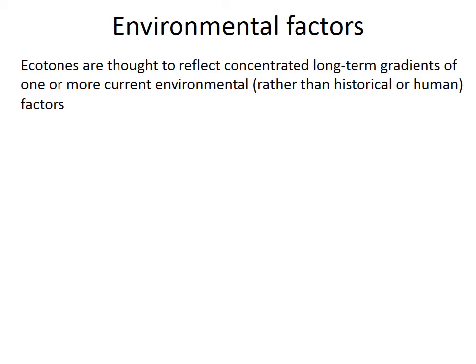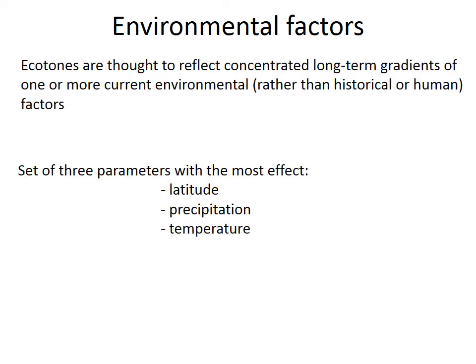Ecotones are thought to reflect concentrated long-term gradients of one or more current environmental factors. Some of the biggest ones are latitude. Obviously, with more northerly latitudes, there's a colder climate, and that's going to cause a transition from forest to tundra or from grassland to forest.